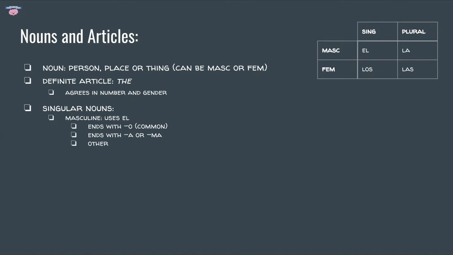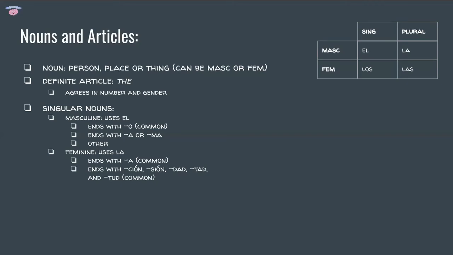That's still masculine though. Feminine uses la, like I said, and this usually ends with A. So for example, it can be la cocina, the kitchen. Some also end with sión, dad, tad, or tud, and this is also common.